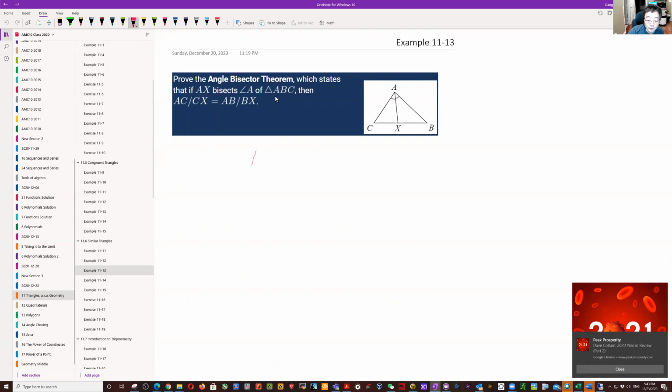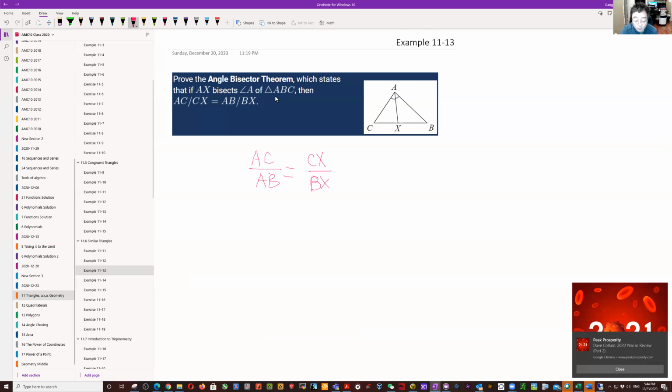If it's an angle bisector, AC over AB is also equal to CX over BX. So basically the side ratio is equal to the opposite division ratio.